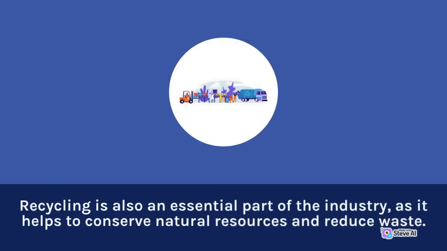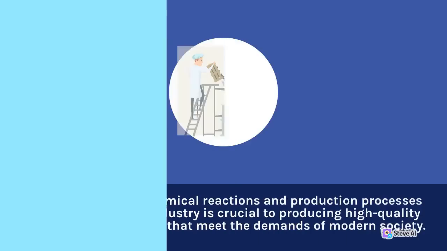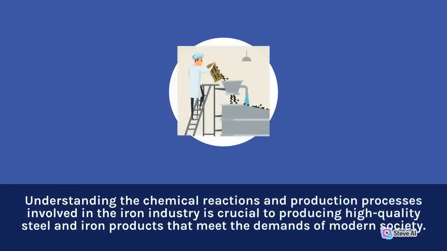Recycling is also an essential part of the industry, as it helps to conserve natural resources and reduce waste. Understanding the chemical reactions and production processes involved in the iron industry is crucial to producing high-quality steel and iron products that meet the demands of modern society.